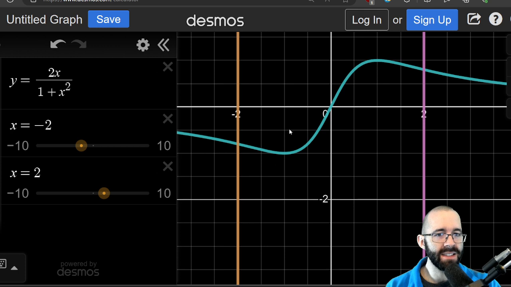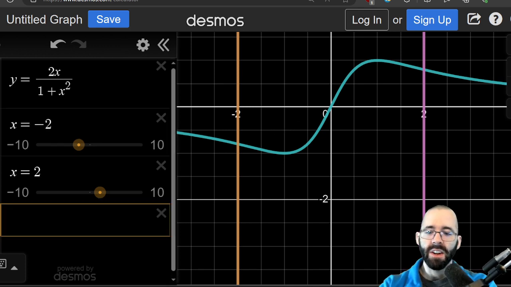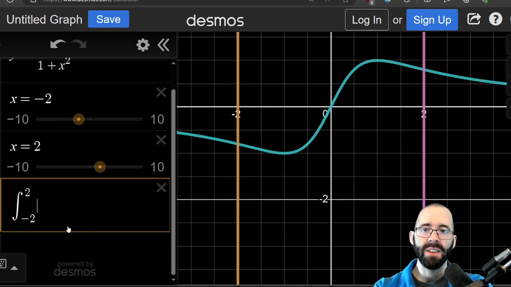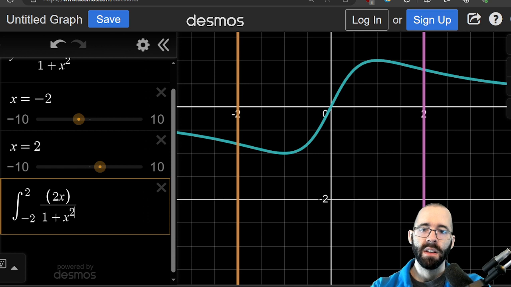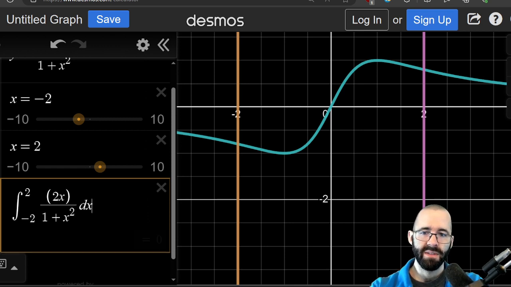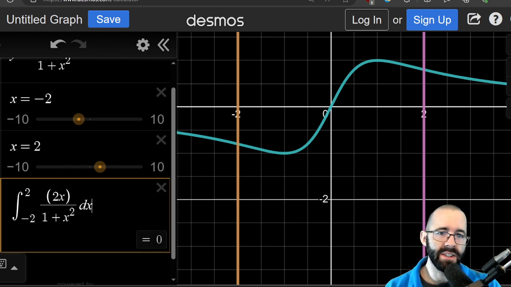This area minus this area. It's the same areas. This area is positive, this area is negative. They cancel each other out. And again, you could also check your answer with Desmos from -2 to 2 of this function. You could still see that it's 0 that way.